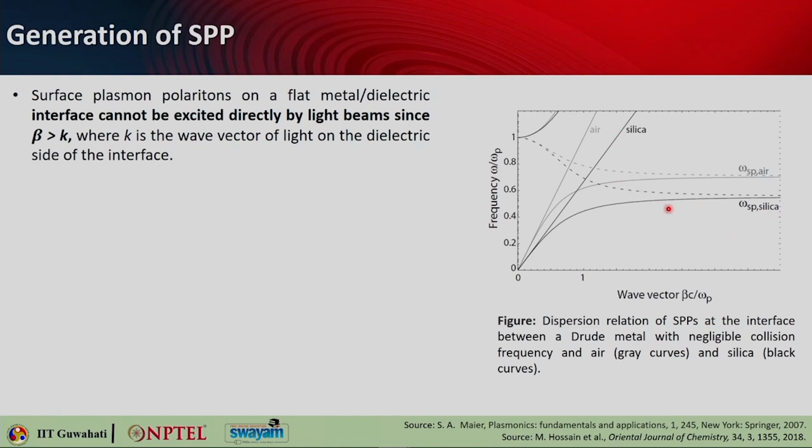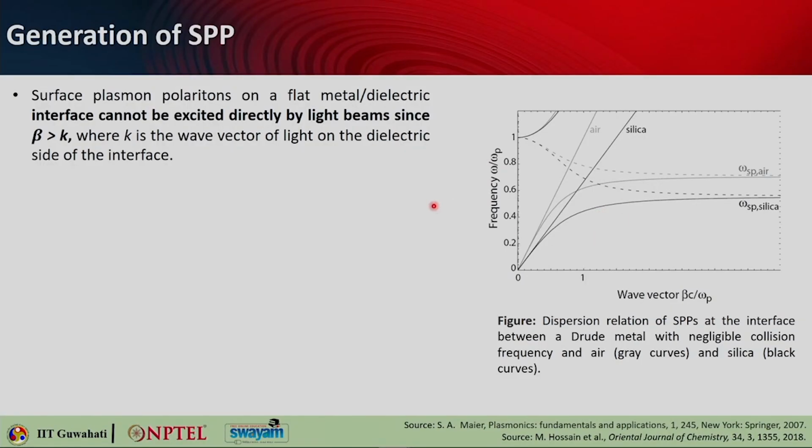So this black line is the silica light line and this is the surface plasmon dispersion. When I say light line, we are talking about photons, and here we are converting from photons to plasmons. So there has to be a momentum match. We have seen that in most cases beta, the propagation constant of surface plasmon polaritons, is larger than k, the wave vector of light in the dielectric medium, be it air or silica.